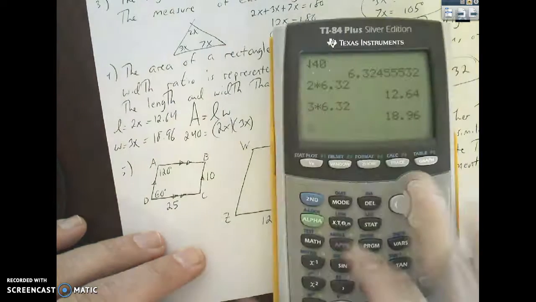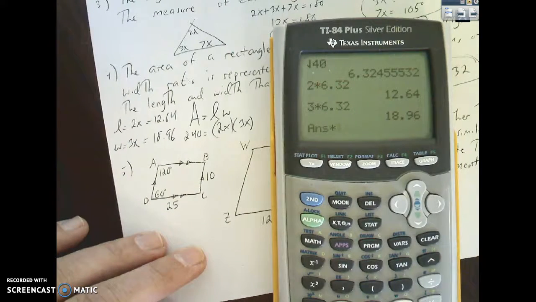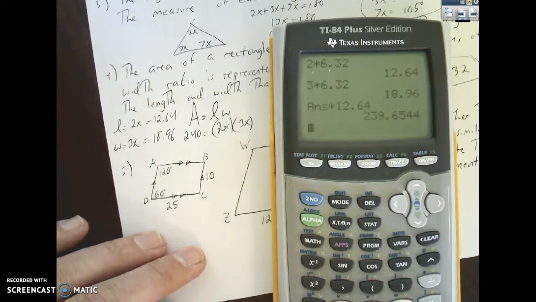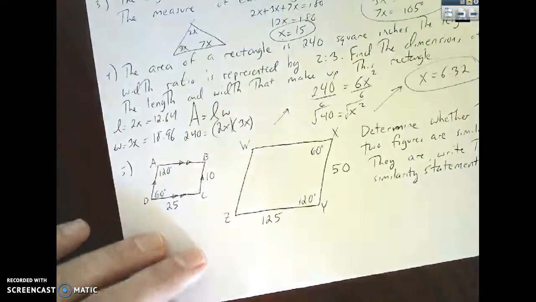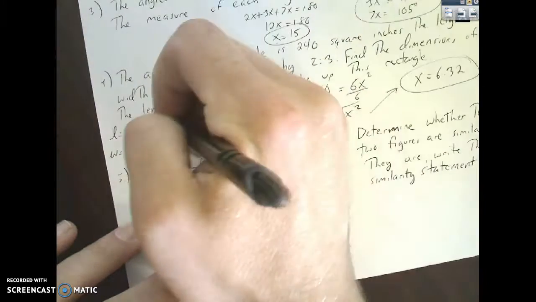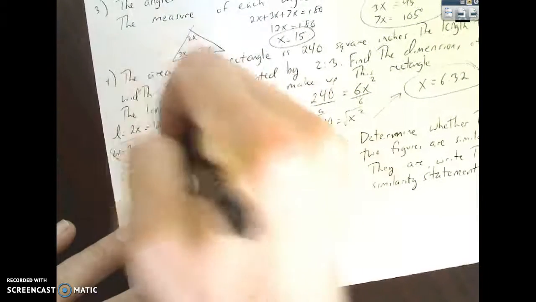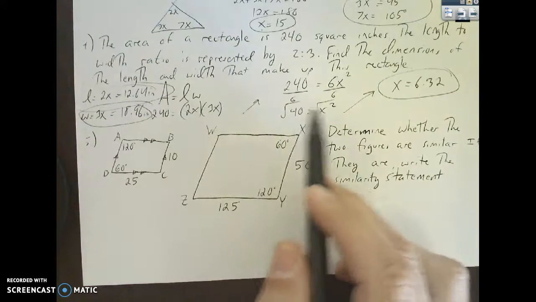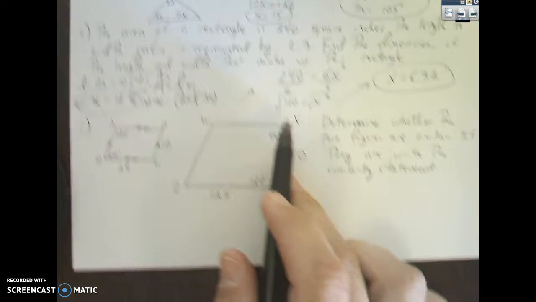And you can verify yourself. Do 18.96 times 12.64. We get about 240 for our area. Okay, and we're just talking about square inches. This would be inches times inches. Okay, really good problem. But again, you just have to be able to square root, and I'm going to let you guys use calculators for that.